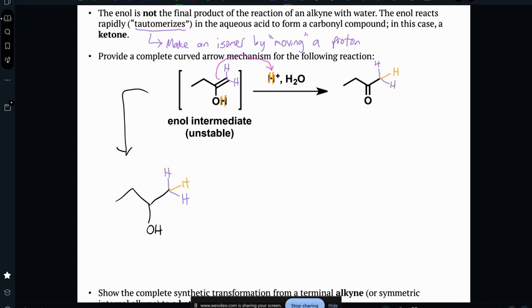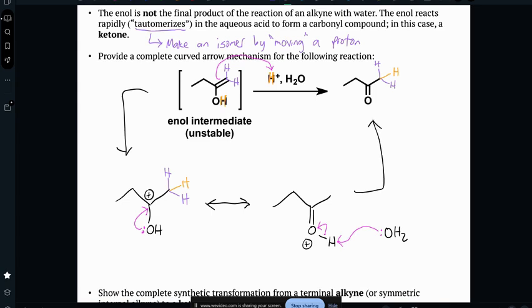But that's going to leave behind a carbocation here. What I want you to notice about that carbocation is it's resonance stabilized. There is a lone pair next door. So what I've really created is a resonance stabilized carbocation. And now my last step would just be for a molecule of water, or I could use Sol here, to come and deprotonate and make the corresponding ketone.